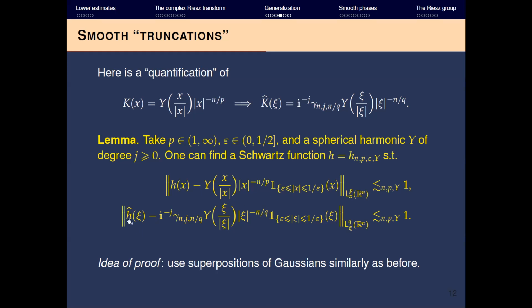And so that the Fourier transform of this Schwartz function approximates the truncations of the second locally integrable function in the LQ norm. And the errors turn out to be independent of epsilon, but all that we need is actually that of a smaller order of magnitude in terms of epsilon than those main terms, right?